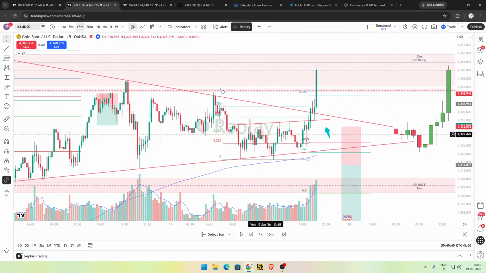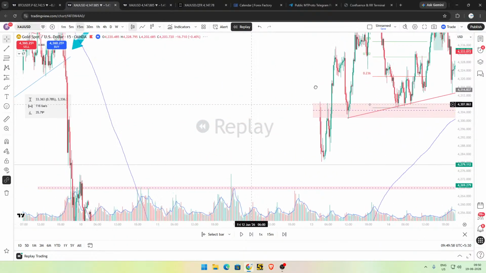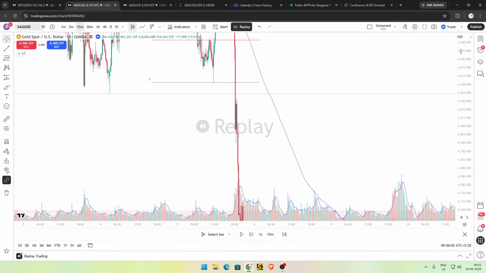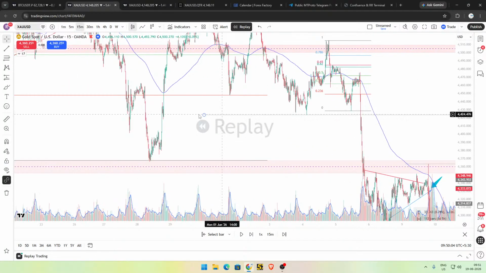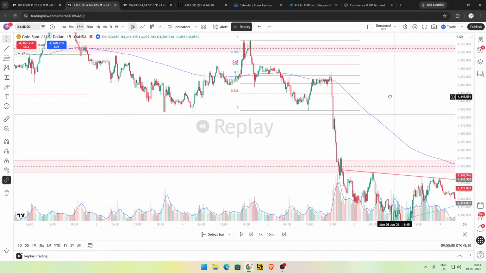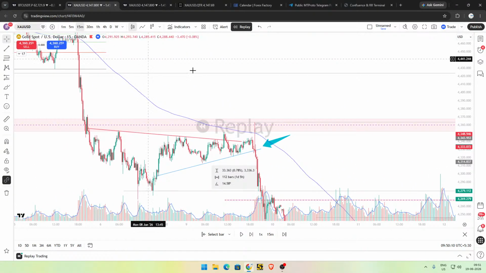So this is the thing that I was talking about. And similarly, this thing happened over here, and also trap trading didn't work when I set the criteria of 200 moving average.